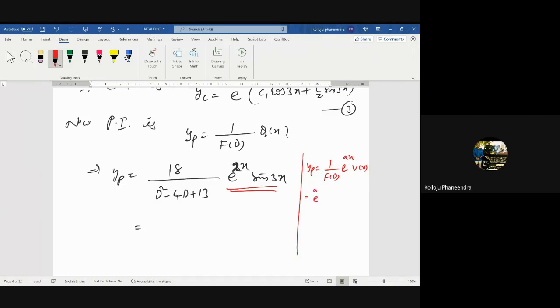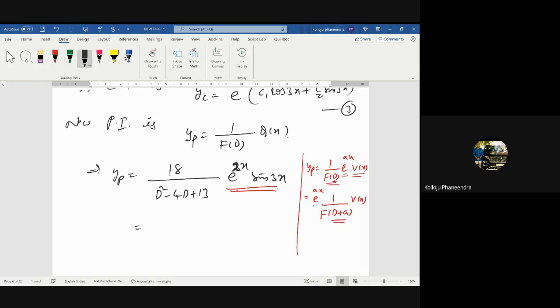Then what is the procedure? First, operate f of d on e power ax by replacing d by d plus a. Remember this point for the e power ax into v of x model: operate f of d on e power ax, the product of two functions, then write e power ax in front and replace d by d plus a.